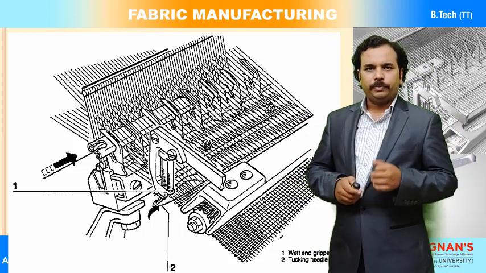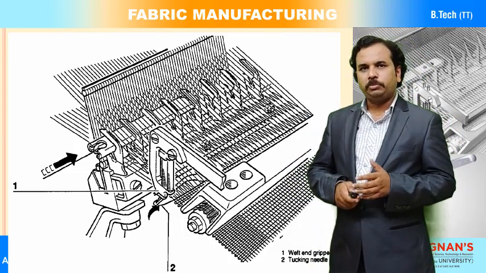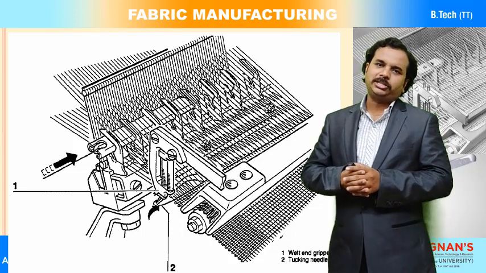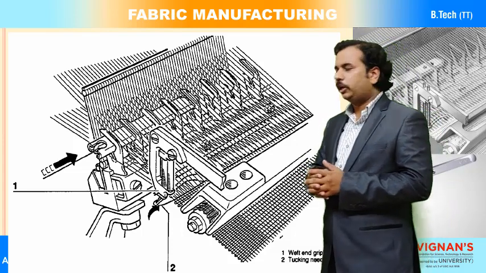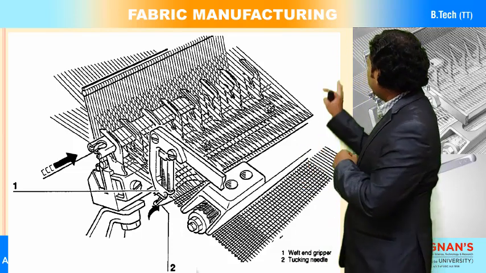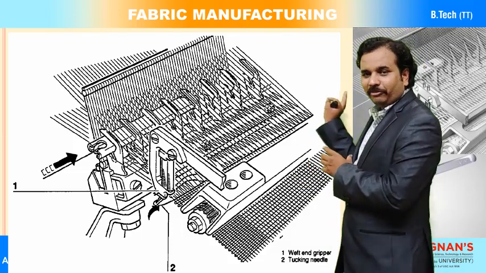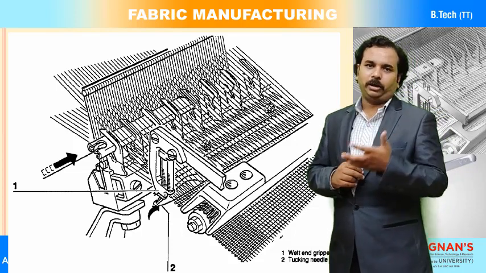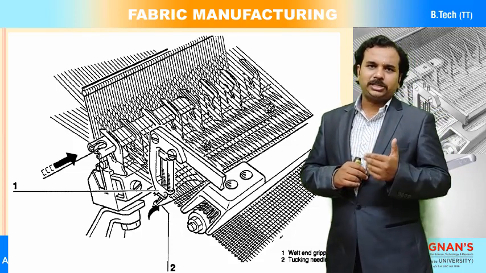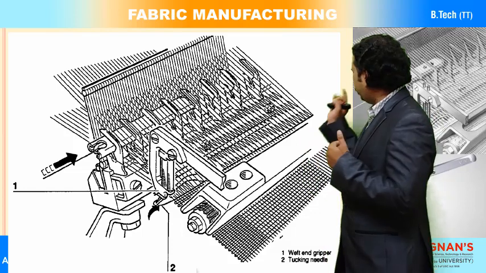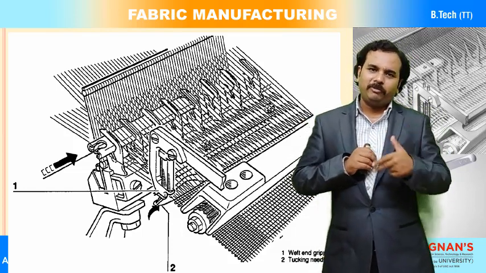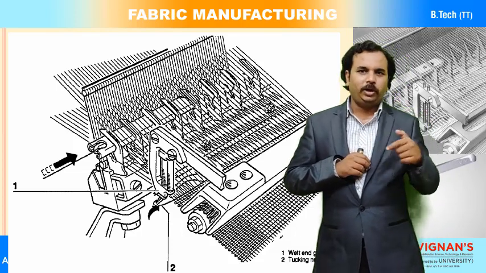Okay. So that is how it occurs, and you can observe that at the selvage position, the density of the fabric is becoming double, because in one shed, particularly in the selvage place, you can observe double weft threads because of this folding.